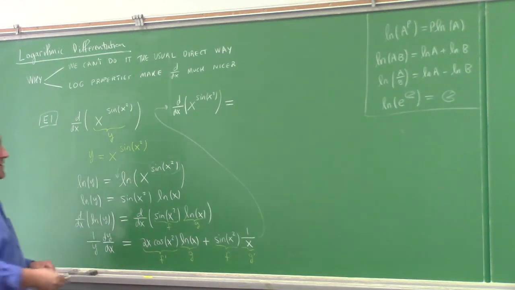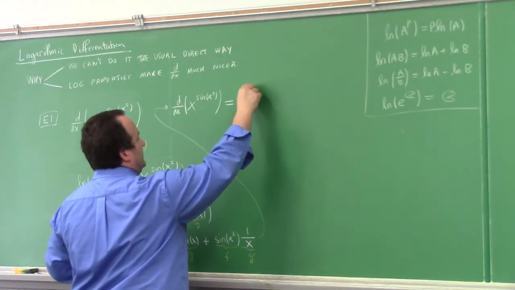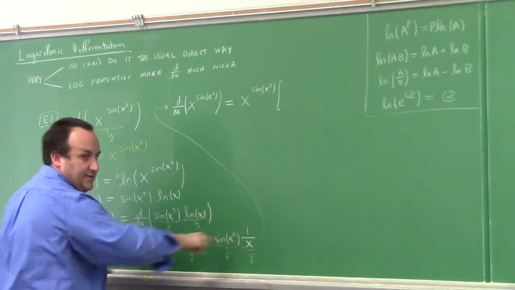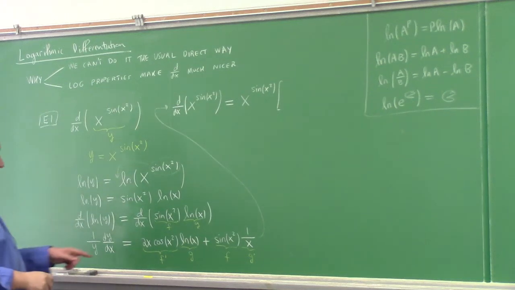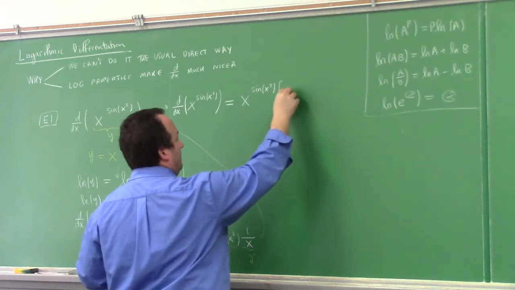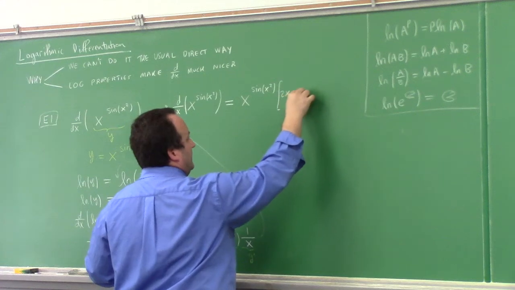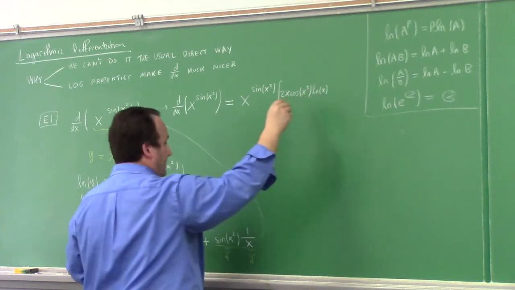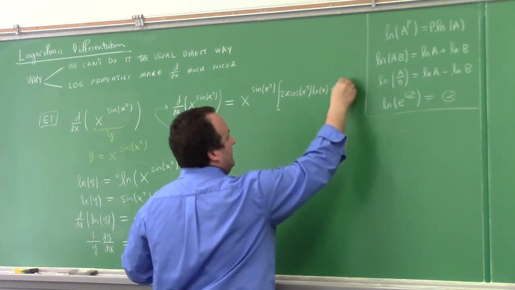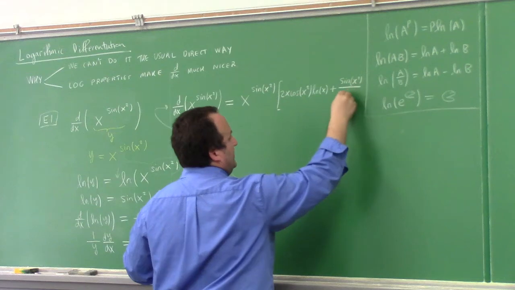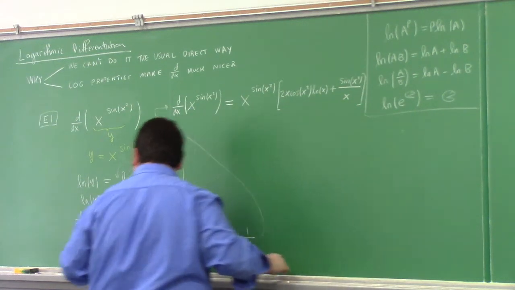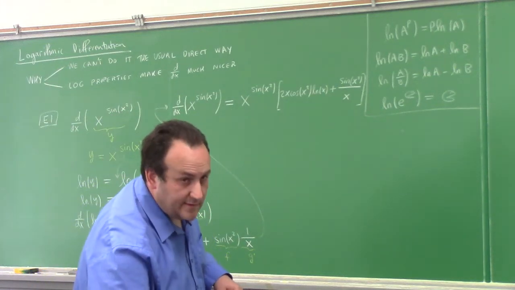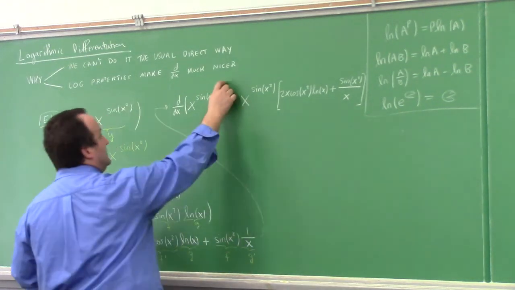So it's equal to x to the sine of x squared times what I found down here: 2x cosine of x squared times the natural log of x plus, I'll write it this way, sine of x squared all divided by x. And there you go. That's how we differentiate something like this.